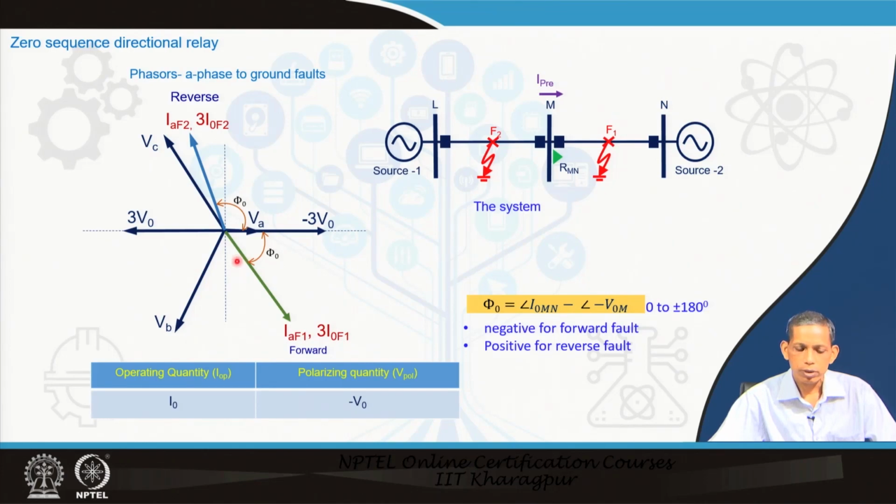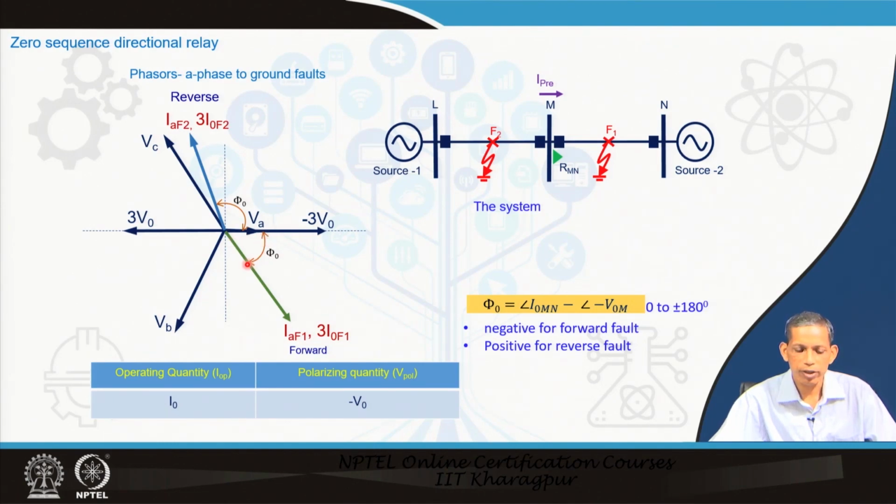Now, in this you can say that the current is 3 times of the I 0 F: IA equals 3 times IA 1, equals 3 times IA 2, equals 3 times IA 0. So, that leads to that this IA 0 is this line and minus 3 V 0 is this. So, minus V 0 and I 0.